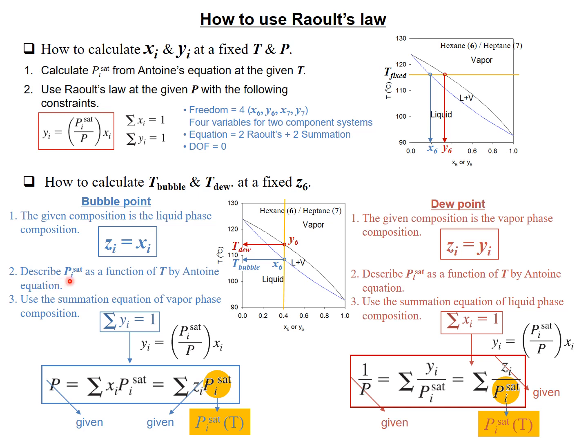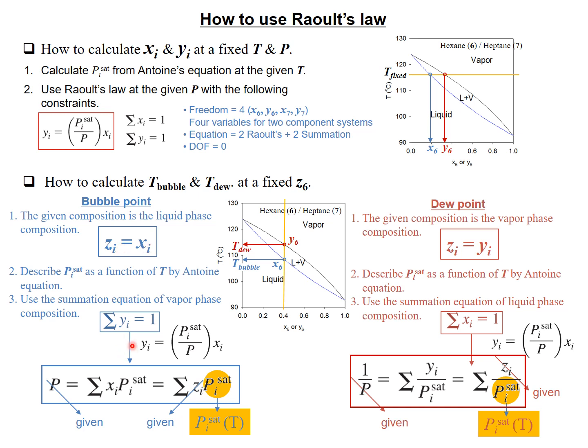Okay, then let's go to the second step. Describe the saturation pressure of hexane or heptane as a function of temperature by the Antoine equation. Then use the summation equation of vapor phase composition. So the liquid phase composition was given to you. Of course the summation is 1, but everything is given to you.